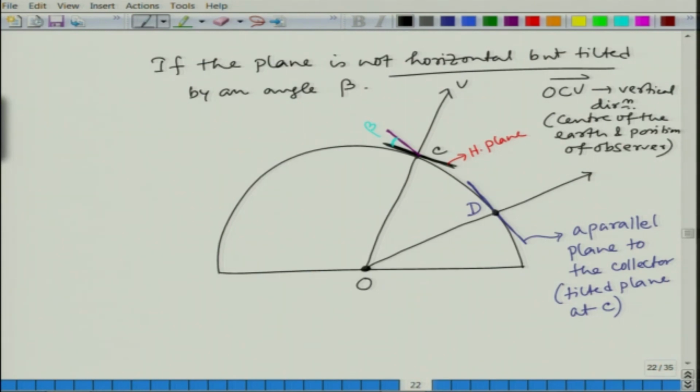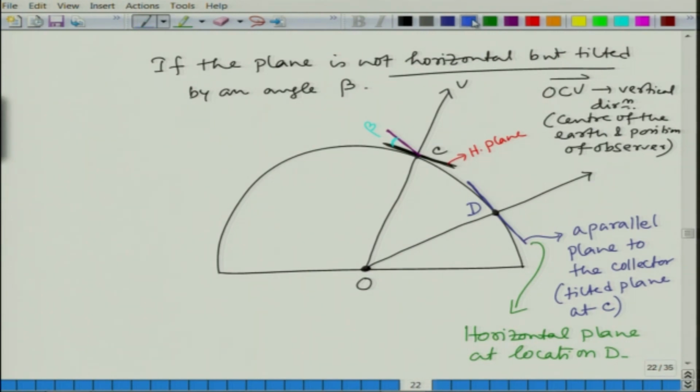So, the same plane is also a horizontal plane at location D. Do you agree? Right. So, if that is the case, then what can we say?